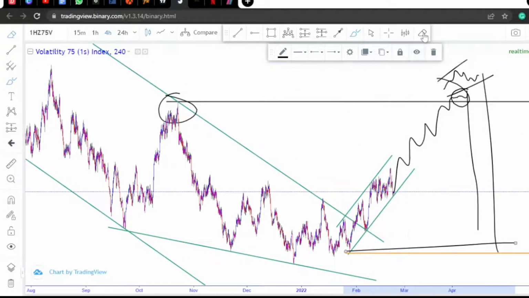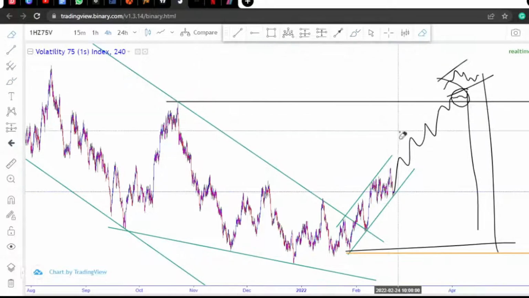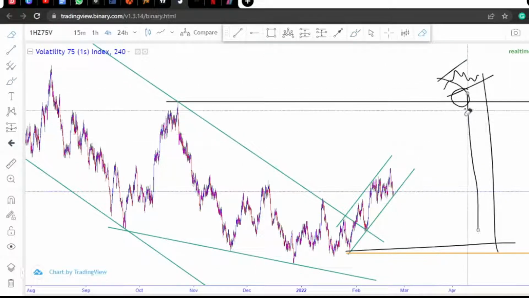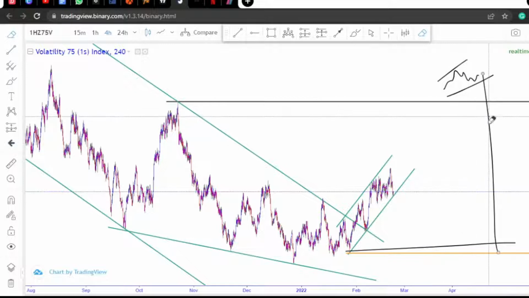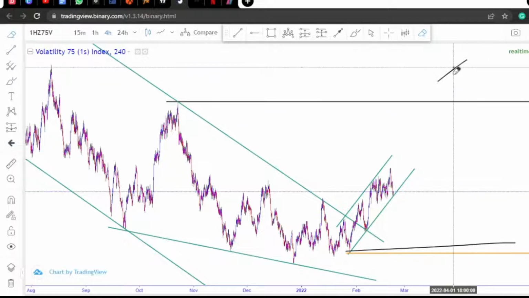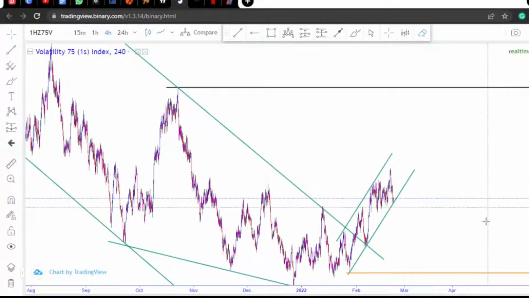So that is what I am anticipating on V75 (1s). We have to cater for all possibilities.